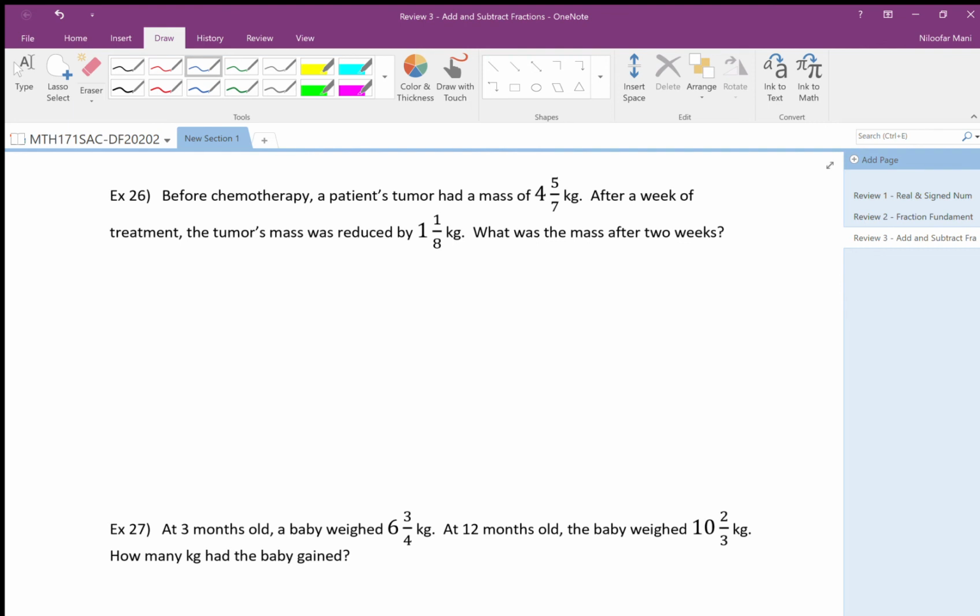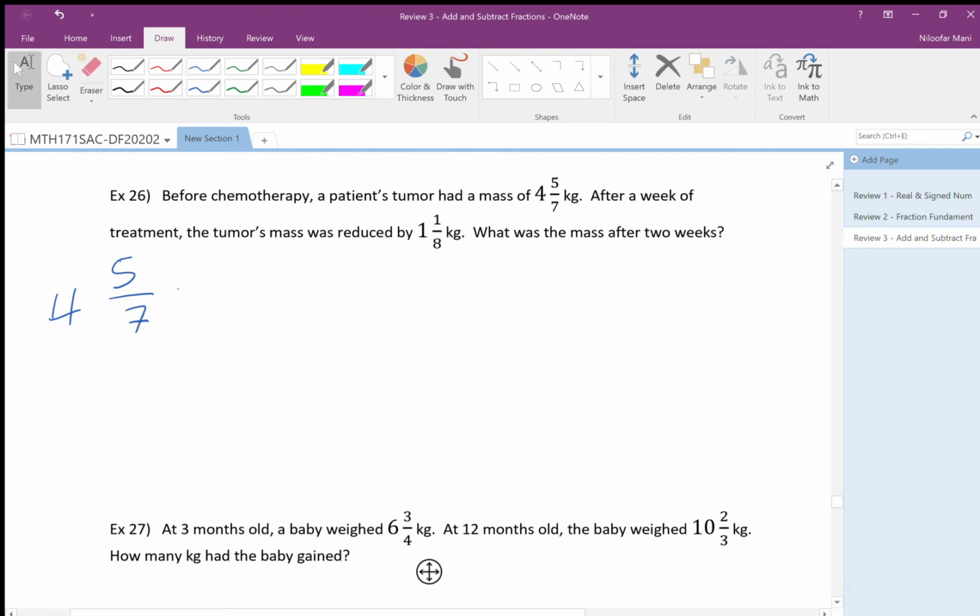Okay, I have this at the beginning. It's a word problem. I have to be worried about units. Kilogram, kilogram. Oh, it's fine. I don't need to do any conversion. Each week, it reduces 1 and 1 over 8 kilograms. So, how many weeks? 2 weeks.